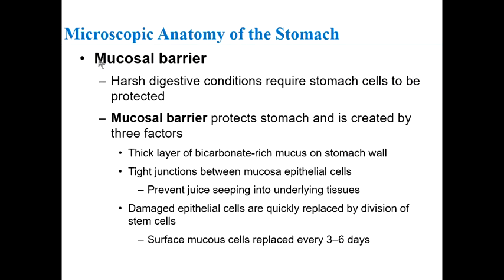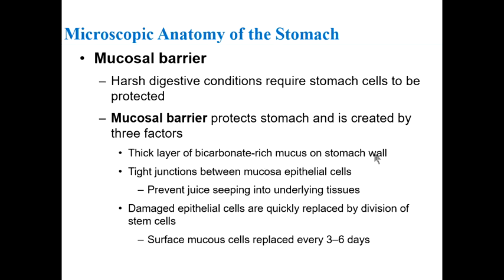So before we move on, let's look at the mucosal barrier, which I began to mention a little earlier. Conditions inside the stomach are acidic, they're very harsh. The stomach cells themselves need to be protected, so we have this mucosal barrier. And it protects the stomach in three ways. One that I mentioned, that thick layer of bicarbonate to neutralize the acid.